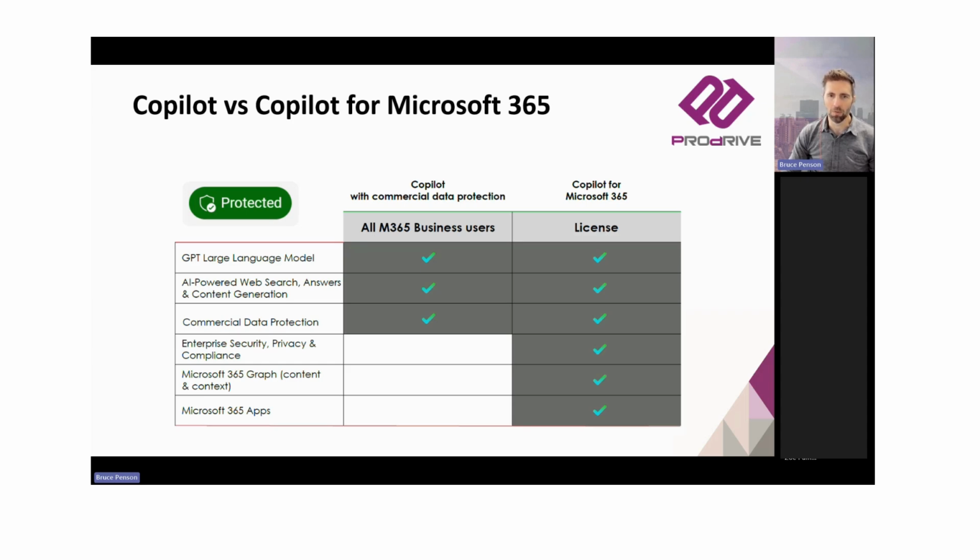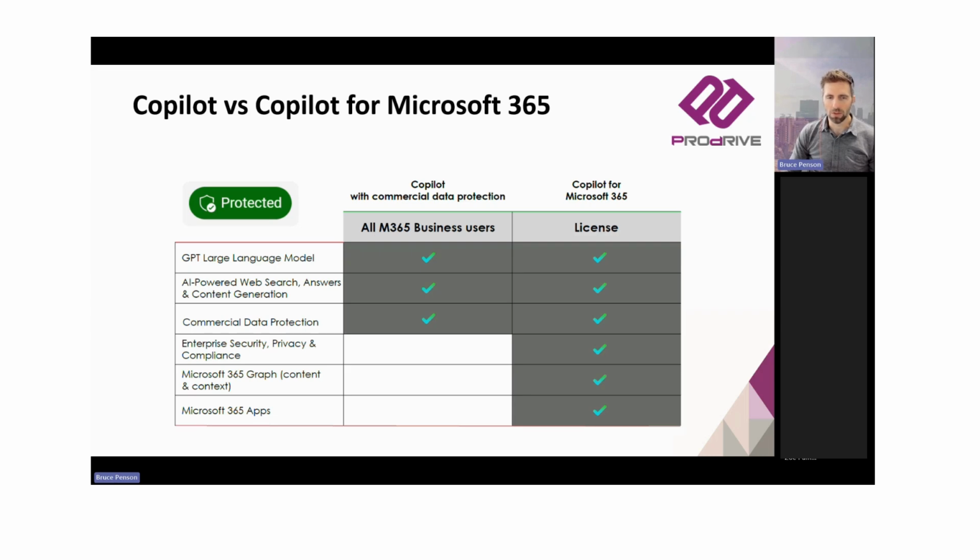The key difference is that the Copilot available as part of your current Microsoft 365 license does not use your data to train the language model or train the AI, and it protects your data within your Microsoft 365 environment. So if you are using AI within your business already, I definitely recommend using that rather than free chat engines that are on the internet.